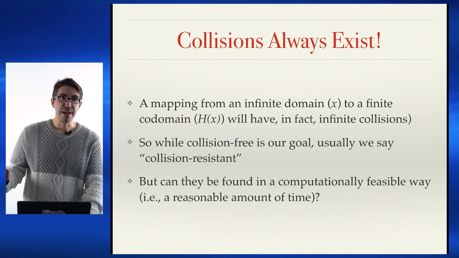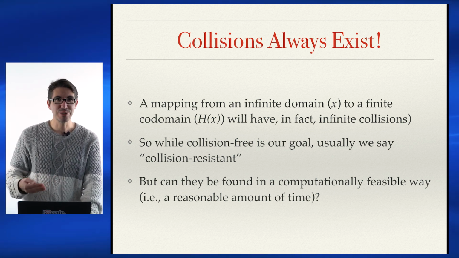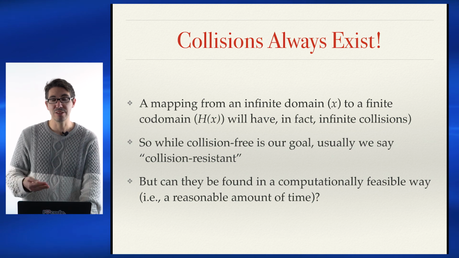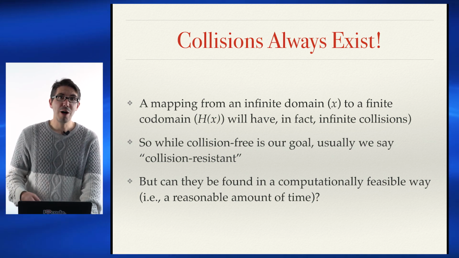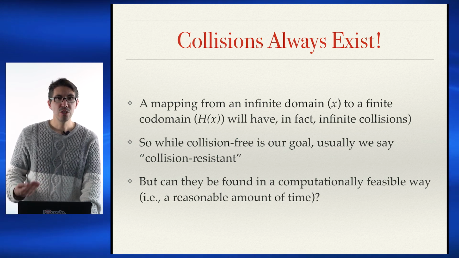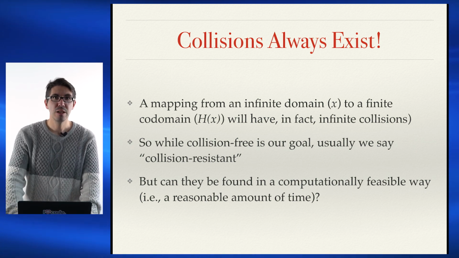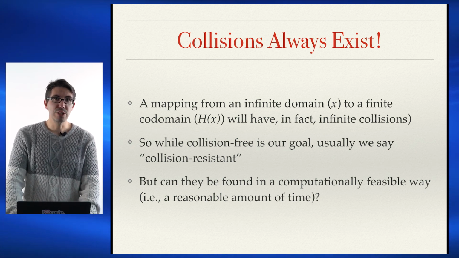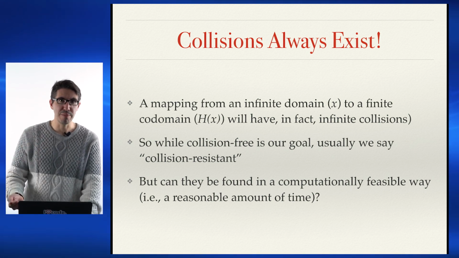Since we're mapping from an infinite domain to a finite codomain, we're going to have collisions. In fact, we will have an infinite number of possible collisions. So while we would like to have a collision-free hash function, usually what we say is collision resistant. But even if collisions are technically possible, can they be found in some reasonable amount of time?